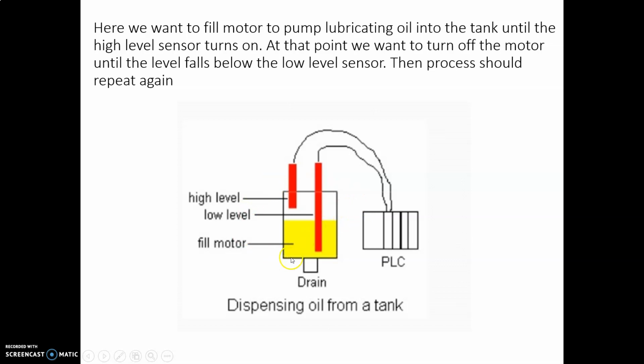In short, we need to run the motor when the liquid level is below the low level sensor, and keep it on until it reaches the high level sensor. Then the motor should turn off. The liquid will keep draining until it gets below the low level sensor, and then the cycle should repeat.